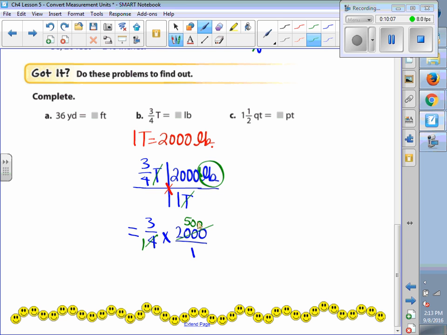And when we multiply straight across, 3 times 500, 1,500. Very good. Over 1 times 1, 1. And what are my units? Pounds.